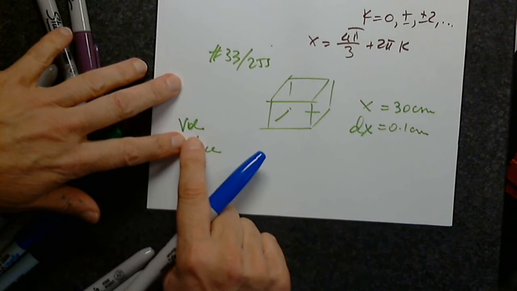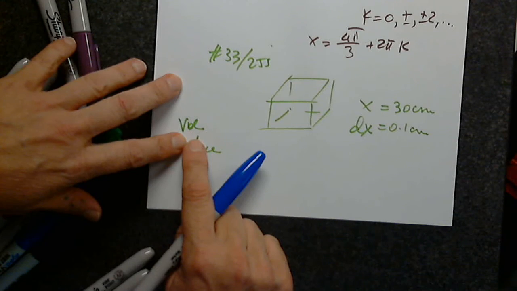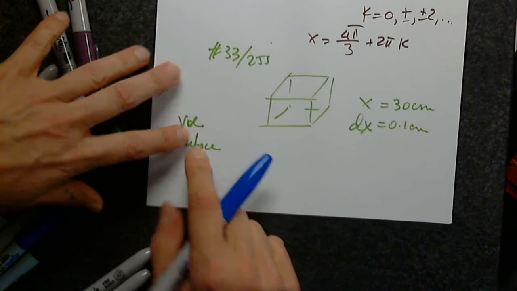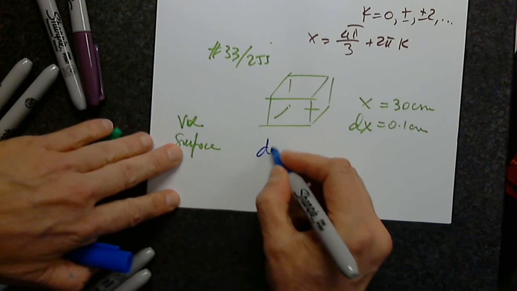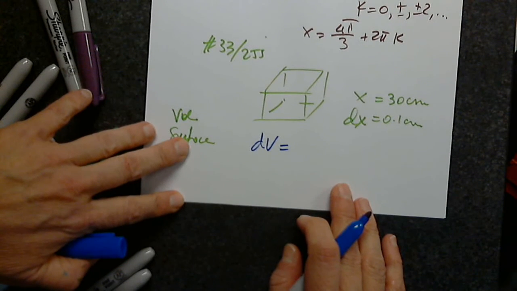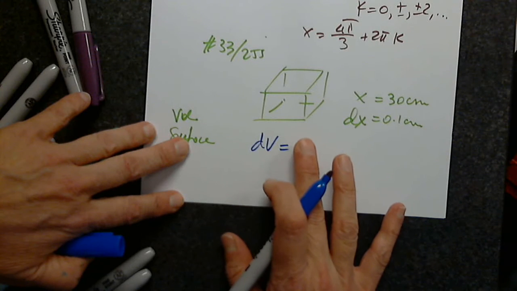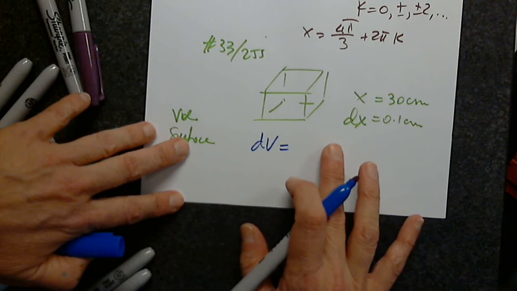So I'm asked to find the error in the volume. What am I asked to find? Volume. dV, exactly. I'm asked to find dV, which is a differential, so I need a function prime times something.